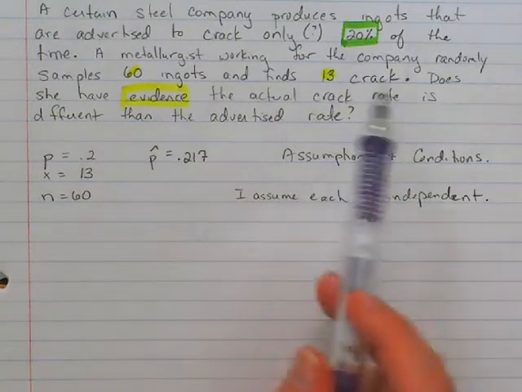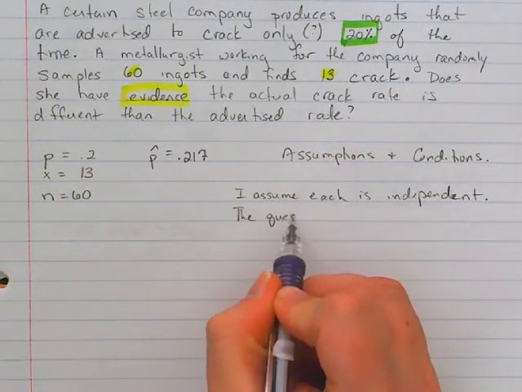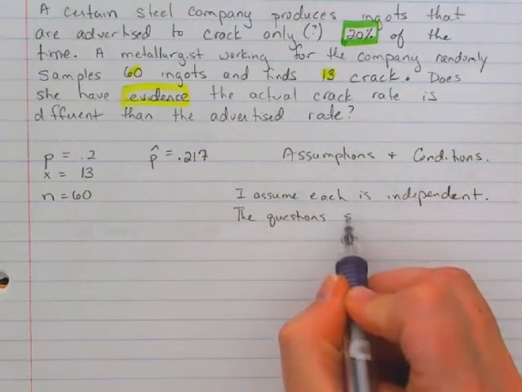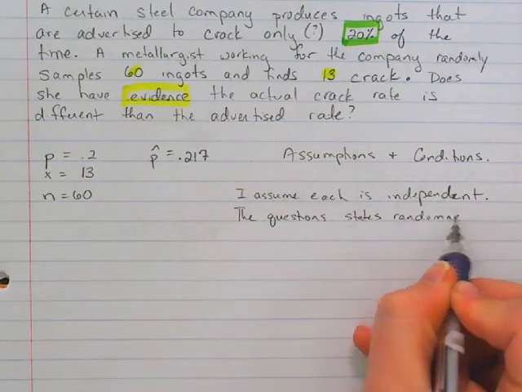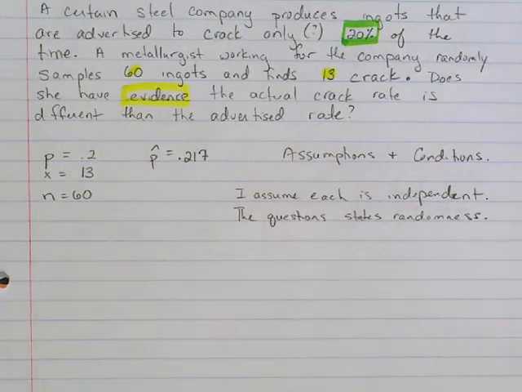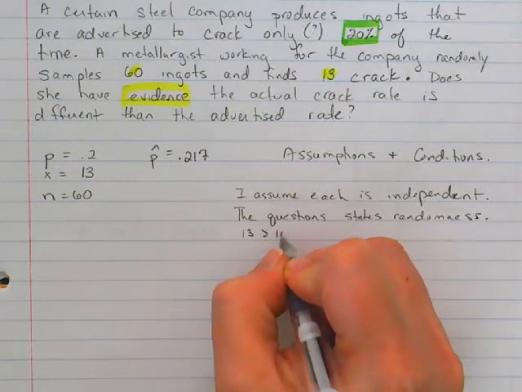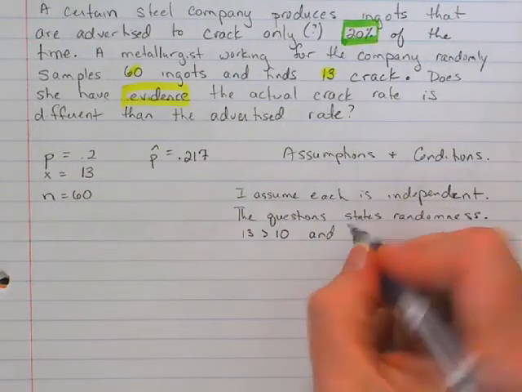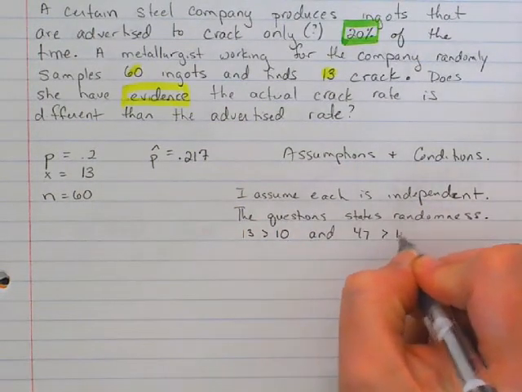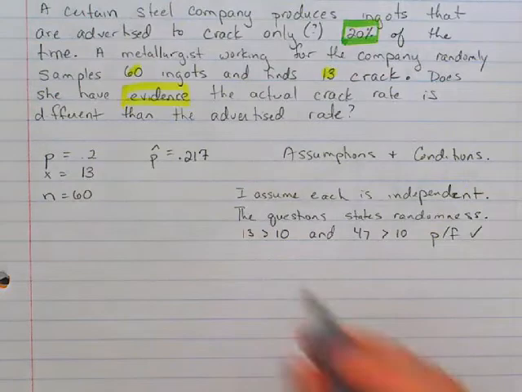Does the question state randomly? Yes, the question states randomness. So you notice how we're starting to shorthand our assumptions and conditions. Just don't go too far. 13 is greater than 10, and 47 is greater than 10, so pass-fail is working.